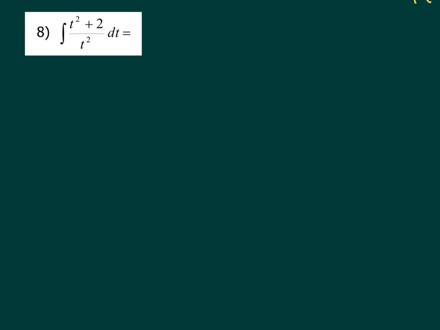So the integral of t squared plus 2 over t squared equals the integral of t squared over t squared plus 2 over t squared. And we are able to do this because we have just one term in the denominator.